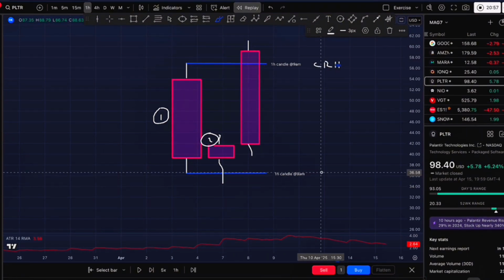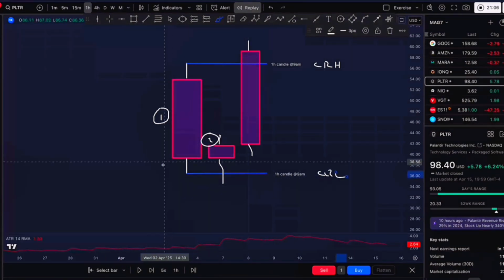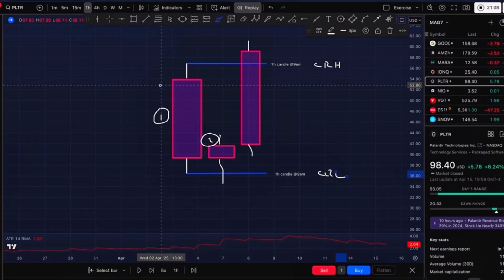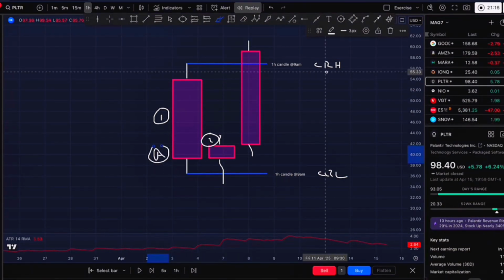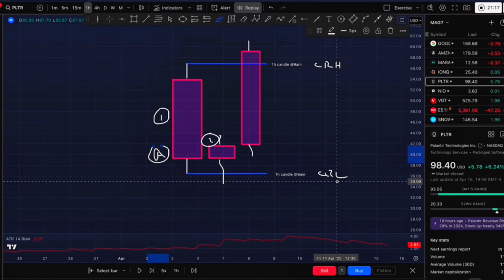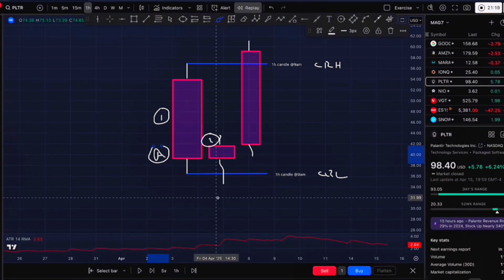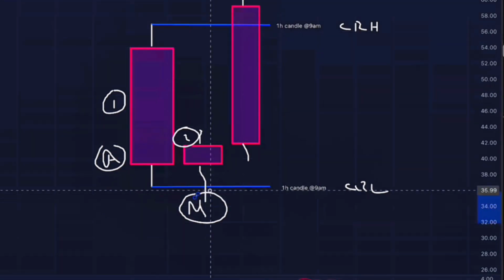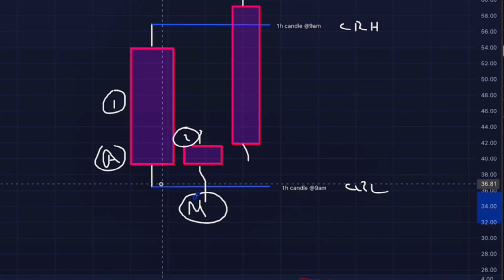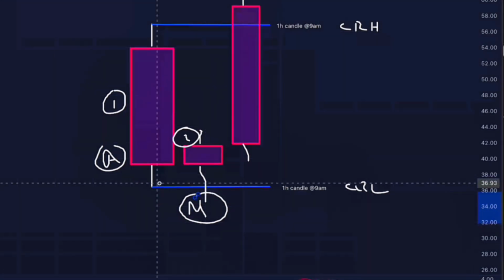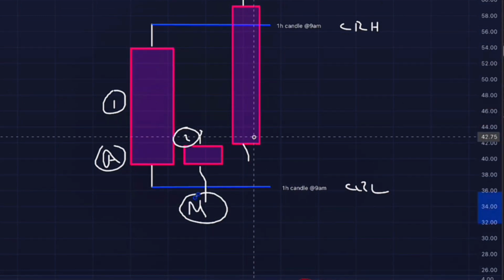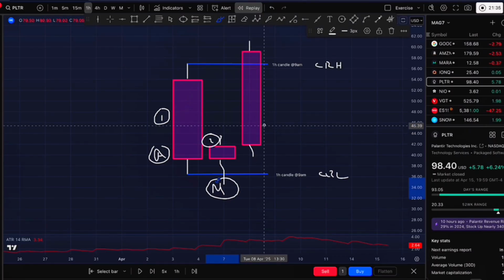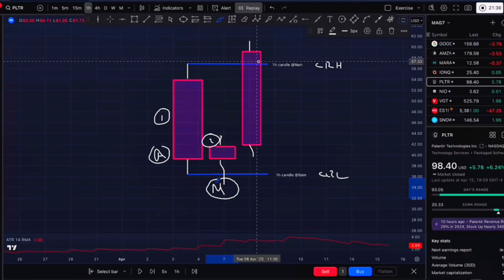The first candle is the accumulation, and it sets the candle range high and the candle range low. The second one is the manipulation, because it grabs the liquidity from the first candle, and the third candle breaks out of the range, closing above this candle range high here.